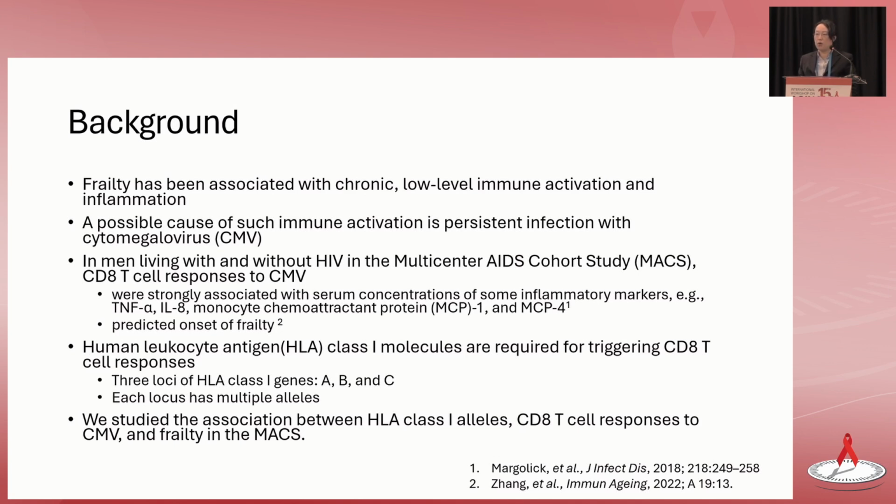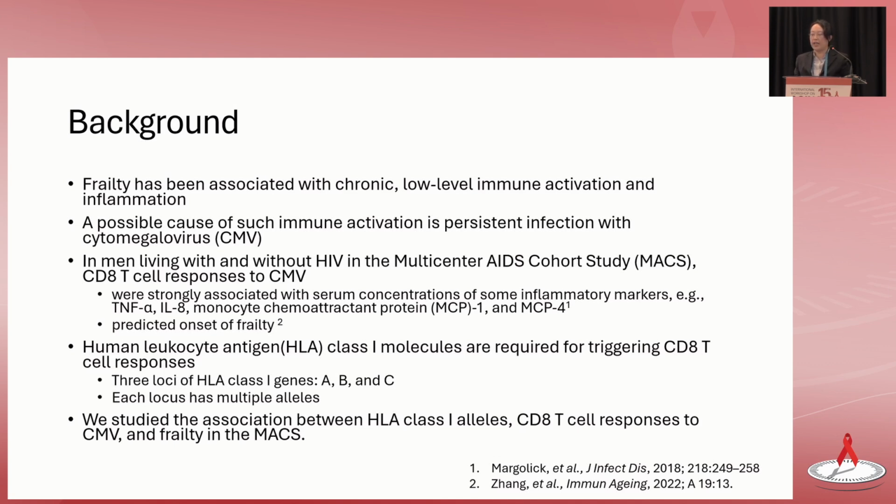In men living with and without HIV in the Multicenter AIDS Cohort Study, MACS, we found that CD8 T-cell responses to CMV were significantly and strongly associated with serum concentrations of some inflammatory markers, for example TNF-alpha, IL-8, monocyte chemoattractant protein MCP-1, and MCP-4. These CD8 T-cell responses also predicted onset of frailty.